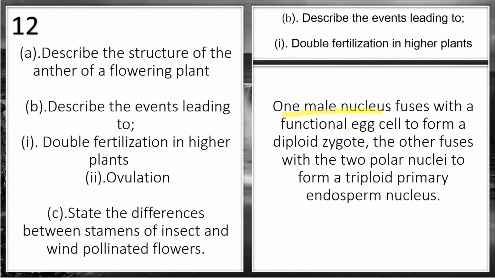One male nucleus fuses with the functional egg cell to form a diploid zygote. The other male nucleus fuses with the two polar nuclei to form a triploid primary endosperm nucleus.